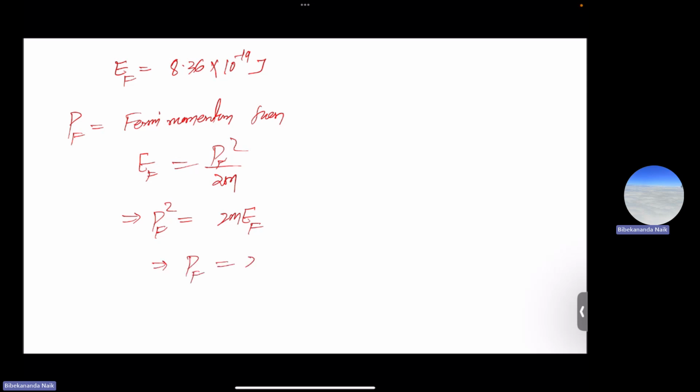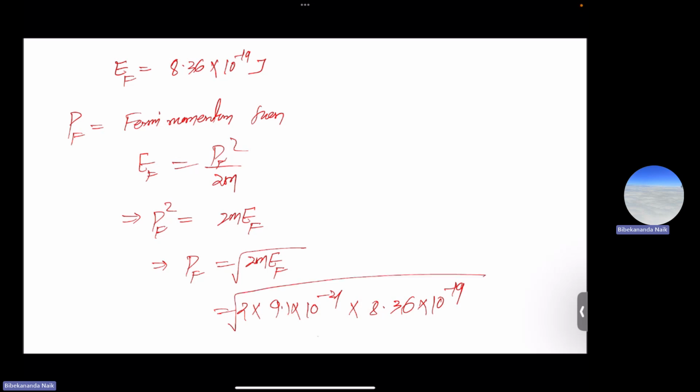That implies PF will be root over 2m EF. That is root over 2 into 9.1 into 10 to the power minus 31 into 8.36 into 10 to the power minus 19, equal to 1.23 into 10 to the power minus 24 kg meter per second.